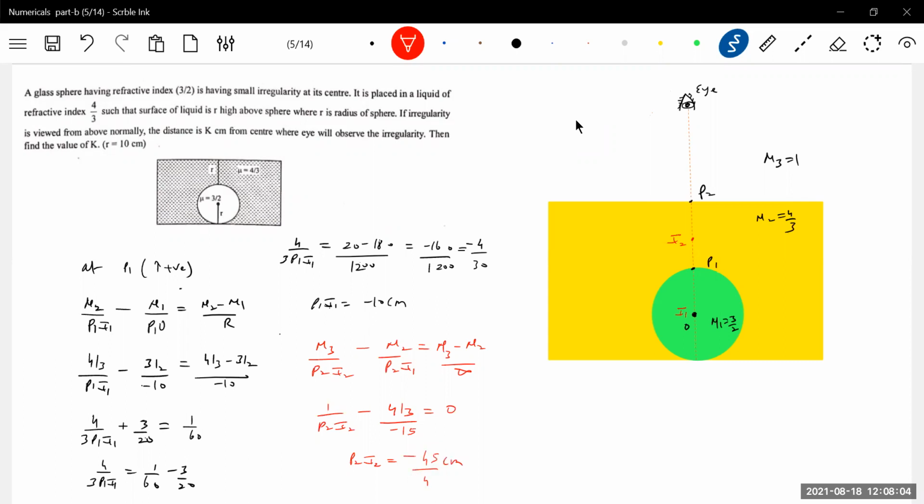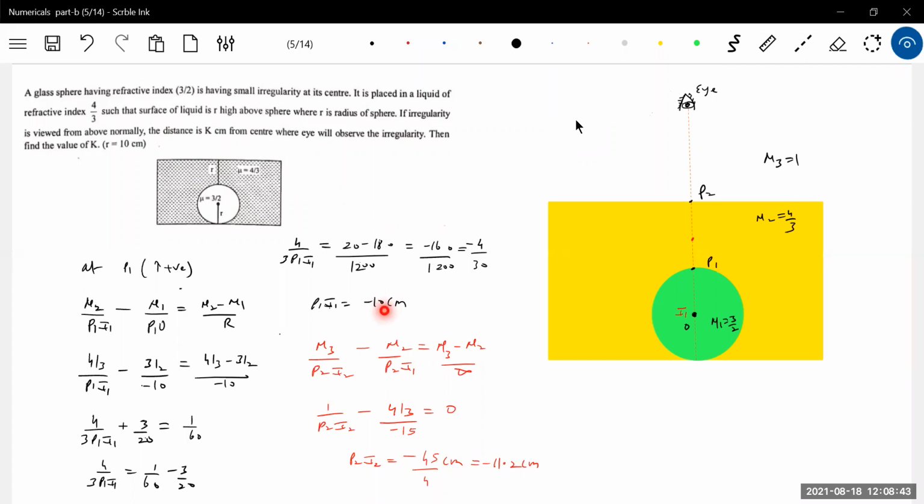Check once, final answer. We'll conclude this problem. Okay, this will be the final image. 11 point... 11 point means where it should be, I2 will come. Sir, P1 I1 will get minus 5 centimeters, sir. P1 I1 minus 5? Yes, sir.